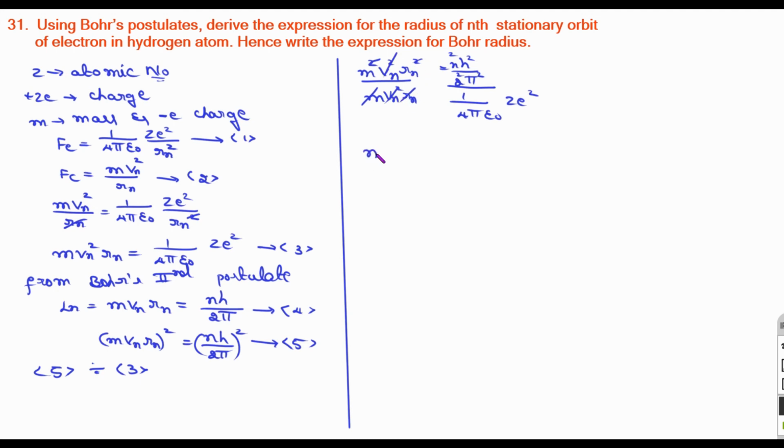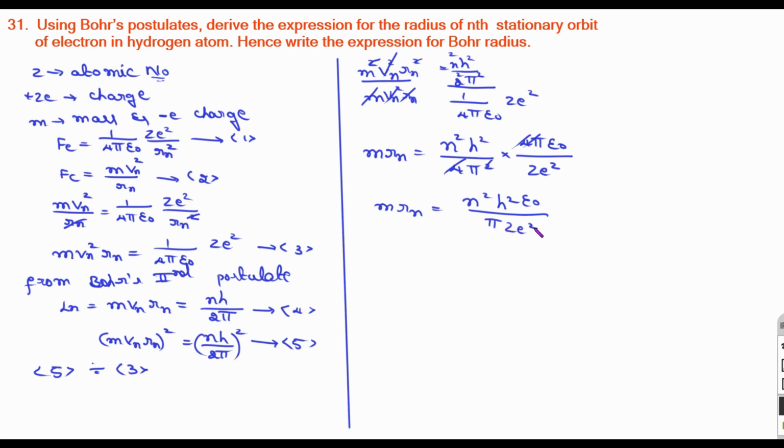So here m Rn is equal to n square h square divided by 4 pi square into reciprocal, 4 pi epsilon naught divided by Ze square. So 4 and 4 and a single pi goes. You will have m Rn is equal to n square h square epsilon naught divided by pi Z e square.